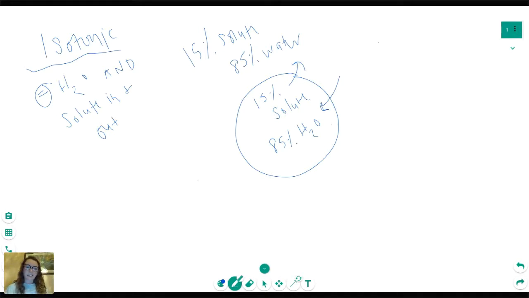So that's the easy one. A really good example of an important isotonic solution: if you've ever had to get an IV of fluids for whatever reason, or you know about IVs in the hospital, the solution that you get when you get an IV is not pure water. If it was pure water, we'd be in a hypotonic state, which I'll talk about in a second. Instead, it's 0.9% solute.